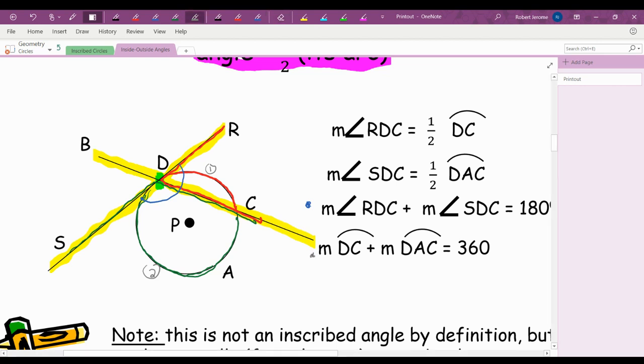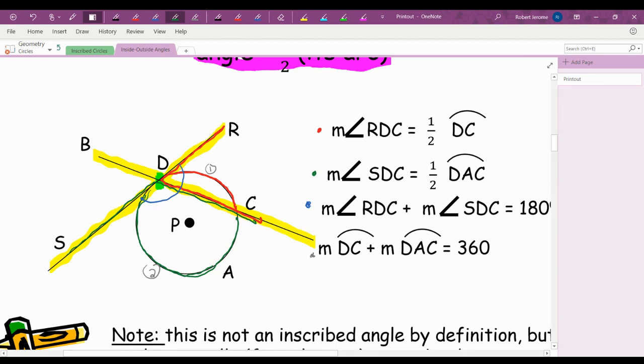So color coding a few of the notes here. We have angle RDC and its arc in red. We have angle SDC and its arc in green. And then we have the idea that the two angles are supplementary because they're a linear pair, and the two arcs have to form the full circle, 360.